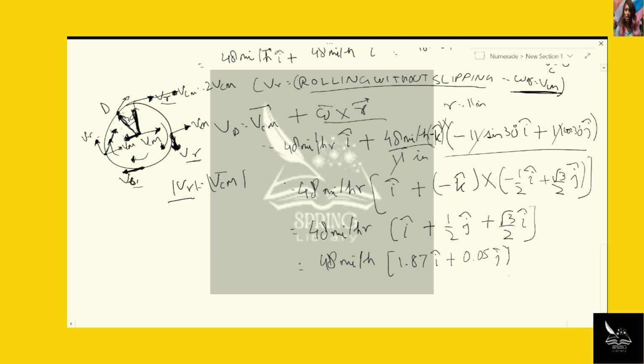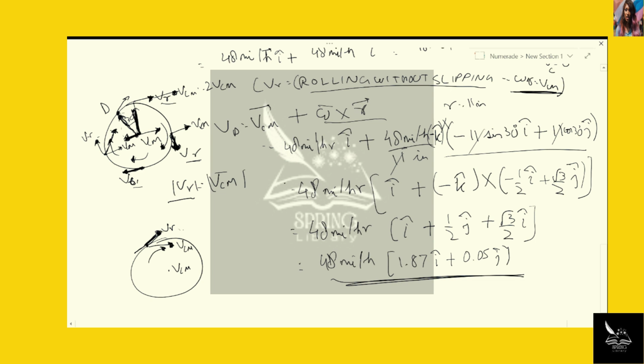Now let us check if this answer is correct from our intuition. What will the cross product rule tell us? I just discussed that at each point the rotational velocity is going to point along the tangent, VR, because the car is rolling like this, and VCM is always going to be in this direction, because translational velocity is VCM, and it's going to be the same for all the points.